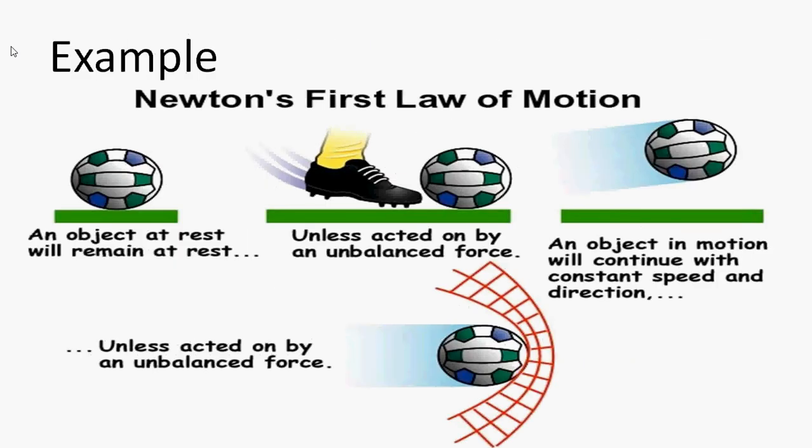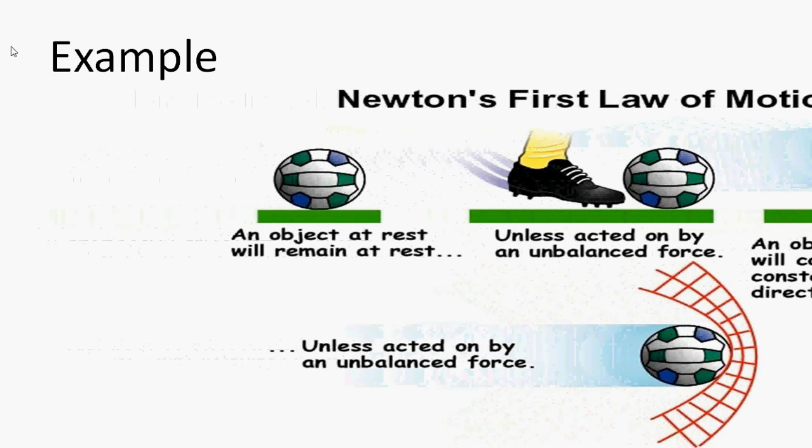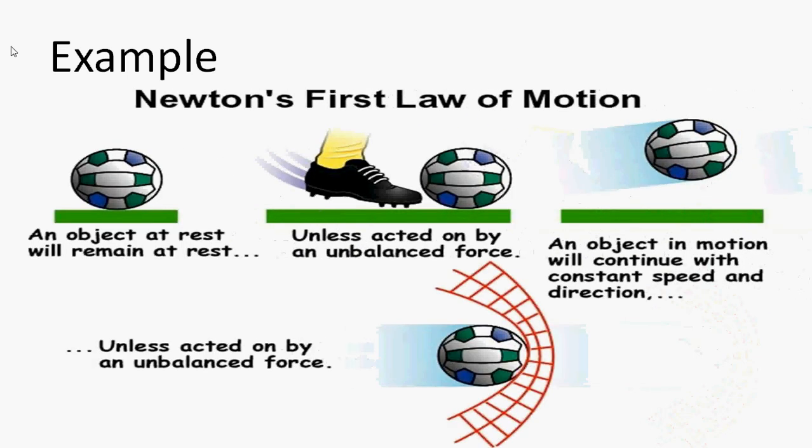Now, examples of this first law of motion. Objects at rest remain at rest unless acted upon by an unbalanced force. So let us see what happens when this ball is kicked. It will move. It means that by kicking this ball we are applying some force.